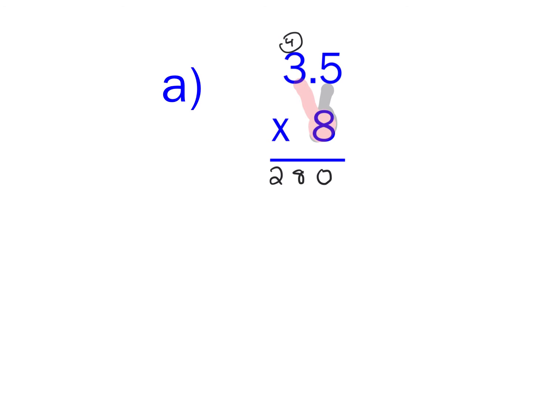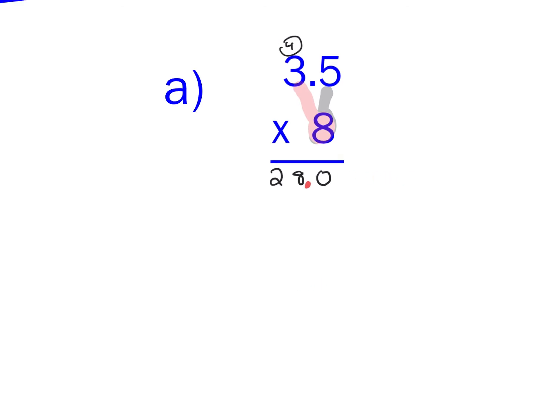Since there's only a decimal in 3.5, we have the same number of decimal places in the question as there is in the answer. So there's one decimal place in the question, therefore there is 1 in the answer. And it goes between the 8 and the 0, giving us our 1 decimal place here. So the answer is 28. And that's it for that question.